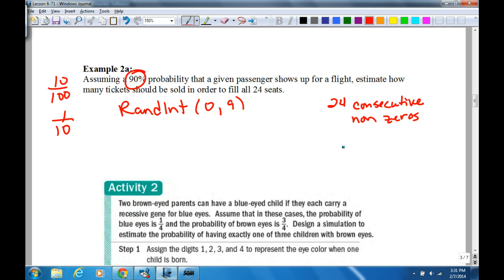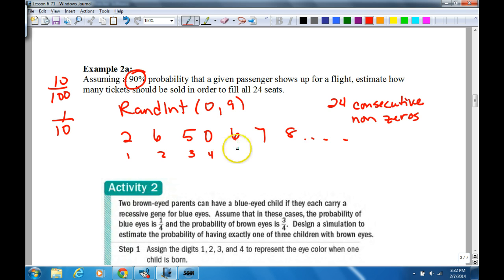So, for instance, the calculator comes out with a 2, a 6, a 5, a 0. So I have only 3 consecutive here. I got to start over again, but I'm going to keep track of how many I have to sell.